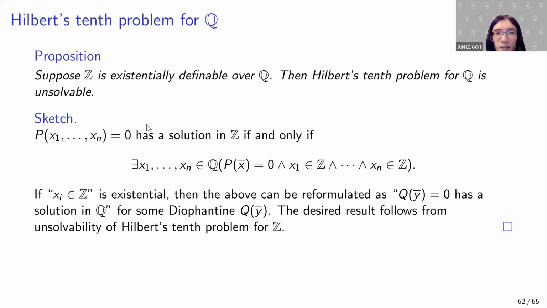Now we can rewrite this by saying that it has a solution in Z if and only if there are rational numbers x1 to xn that satisfy the equation, and furthermore, x1 to xn happen to be integers. This is just a trivial rewriting of the first line.